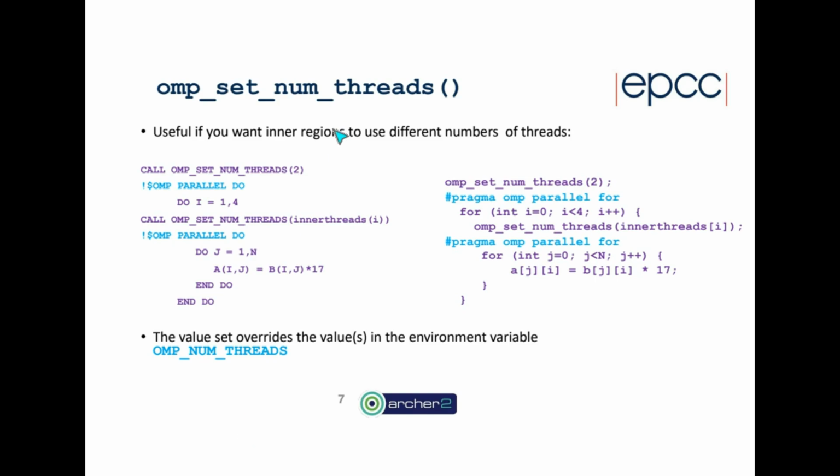Potentially, if you want your inner regions to use different numbers of threads, then you could do that. Let's focus on the actual code here. I've got an outer I loop with 4 iterations, and each of those I iterations contains a J loop with n iterations in it.